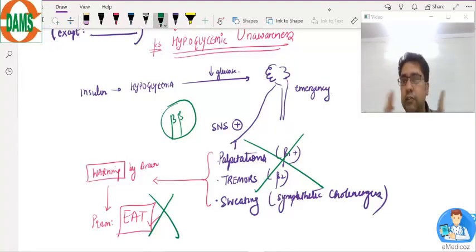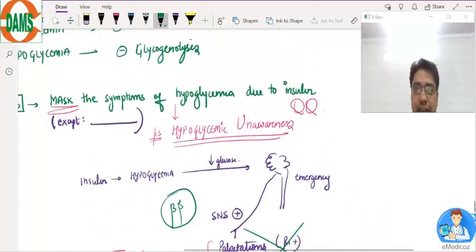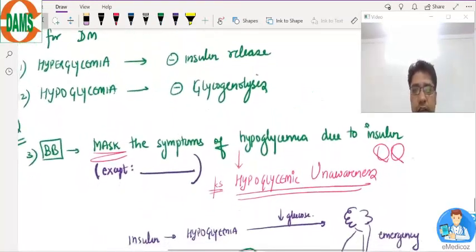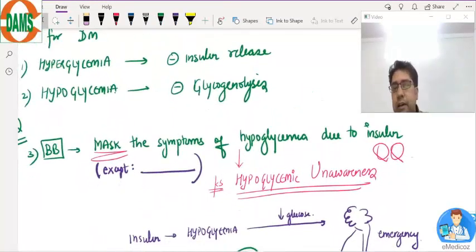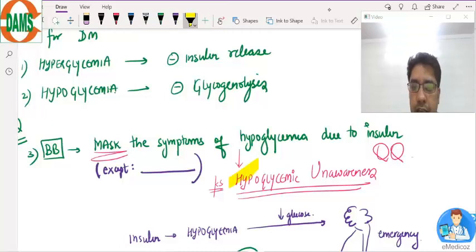Patient may die also. Hypoglycemia is a dangerous thing. Can we say that beta blockers mask the symptoms of hypoglycemia due to insulin? This property is known as hypoglycemic unawareness.